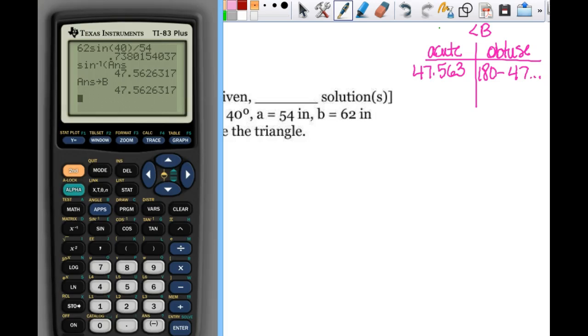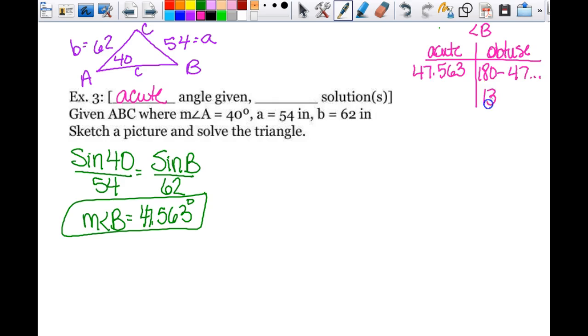So I'm going to come over here and do 180 minus alpha B, and I get 132.437. So these are my two possibilities. I know this is definitely one. This is another one that I'm looking at. So I got to see if it works.